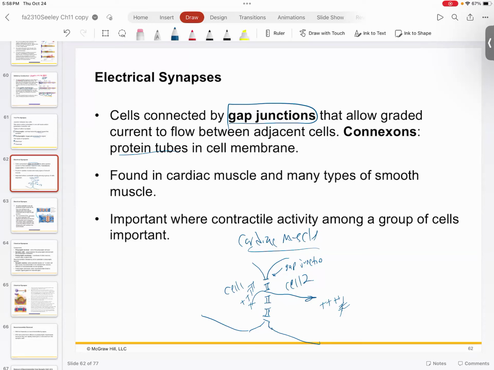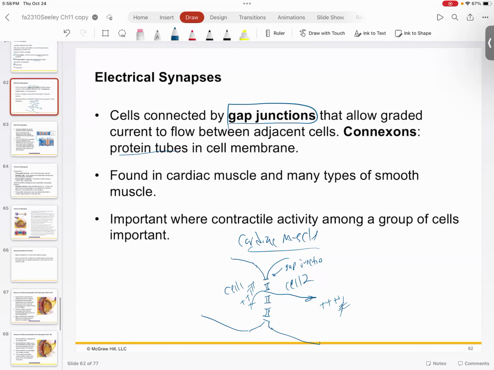Smooth muscles can also be connected by gap junctions. This is necessary anytime you have to have good communication and a unified response. And so that's where you see it. So those are electrical synapses, typically very specifically located in these particular areas.